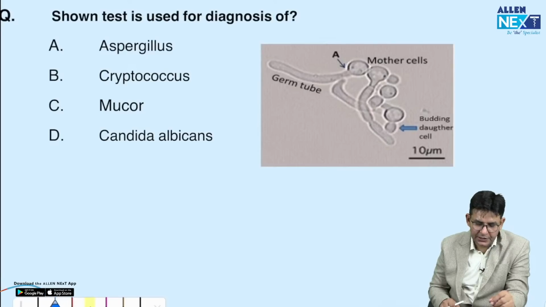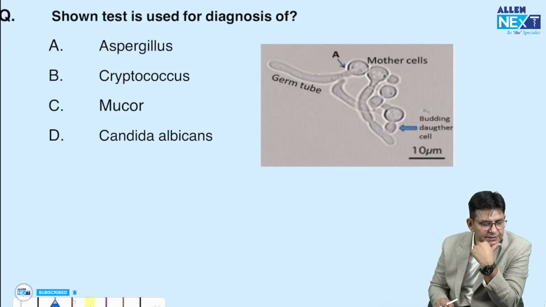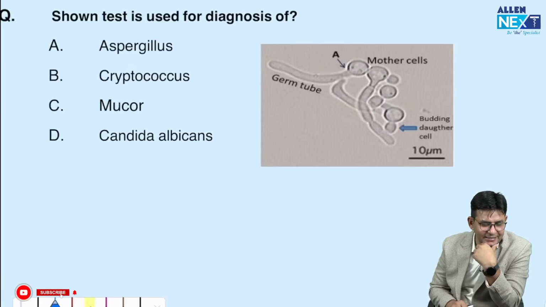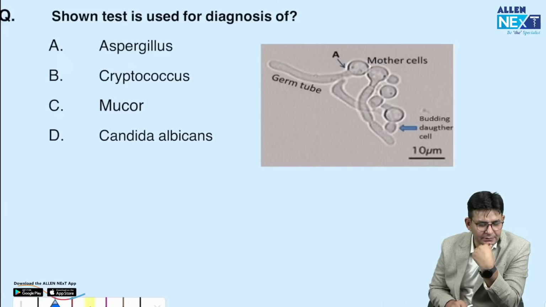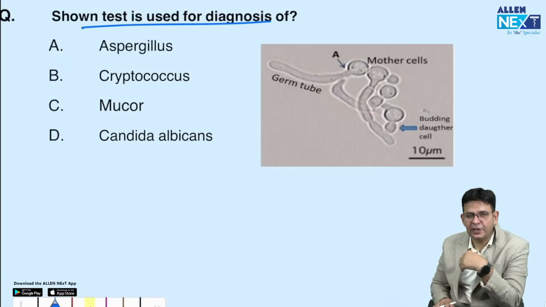Now, tell me about this one. What is this particular test all about? Aquatic protozoa, very good. This is an aquatic protozoan, not a fungus. Which particular test are we talking about here, guys?